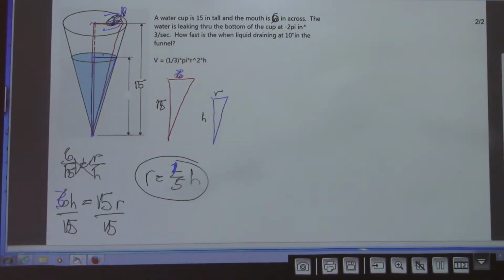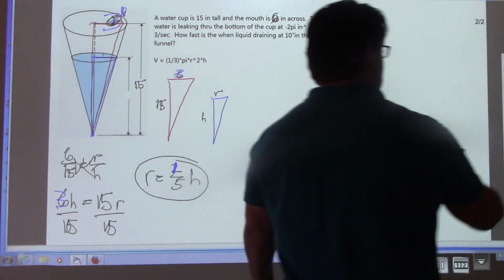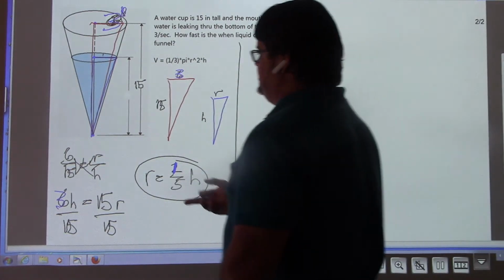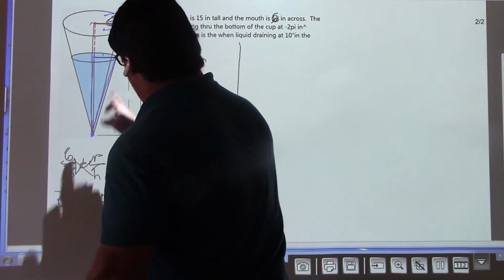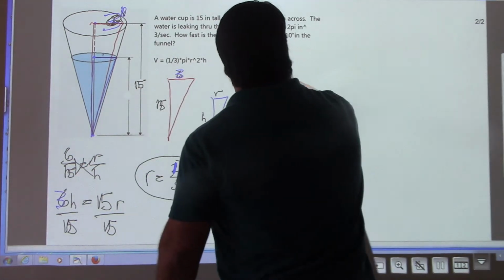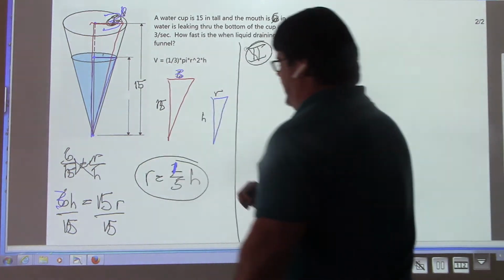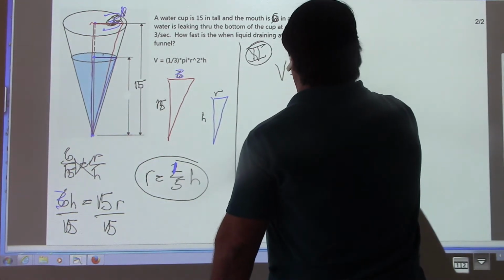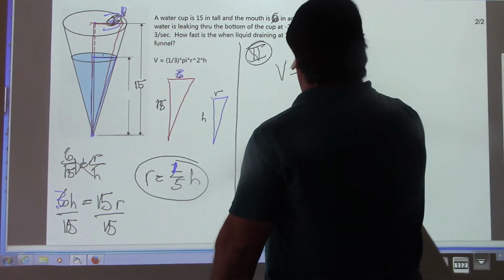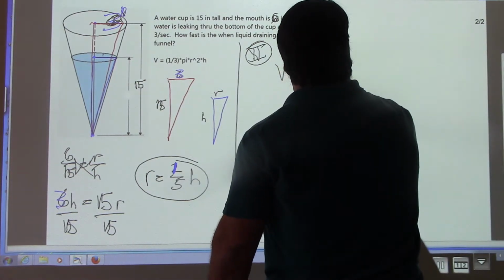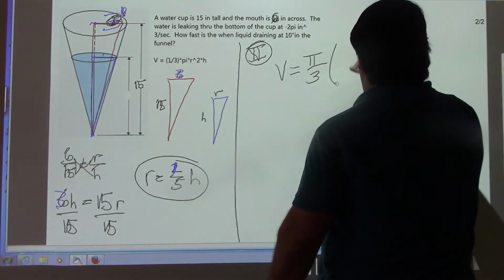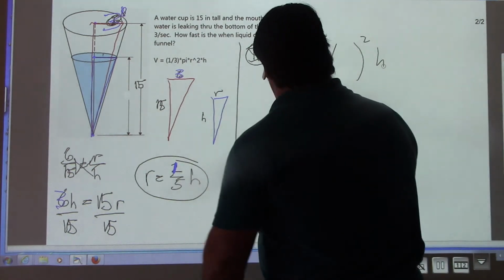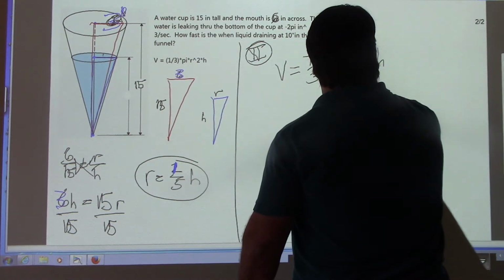So now set up your volume. When you're doing the tank problems, your first step is to set up your similar triangles. Second step is to set up your volume with your new radius. So volume equals pi over 3 times parentheses squared times H, and the R, 1/5 H, goes in here.